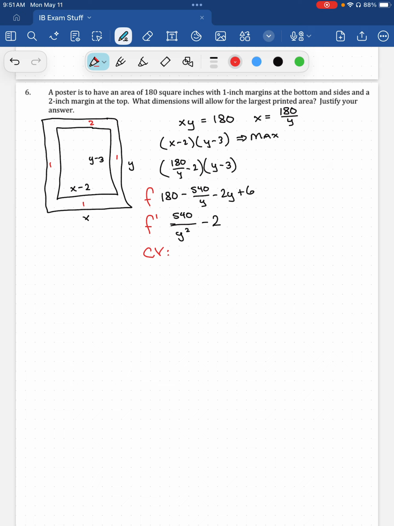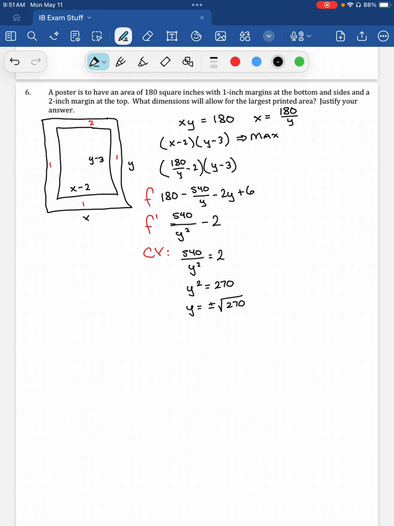Well, undefined would be 0, so we don't need that critical value because Y can't be 0. So we just need to know where 540 over Y squared equals 2. So rearranging that, Y squared is going to equal 270. So Y is going to equal plus or minus the square root of 270.